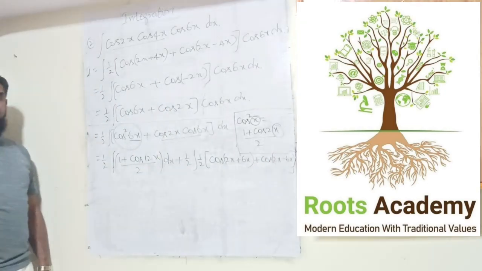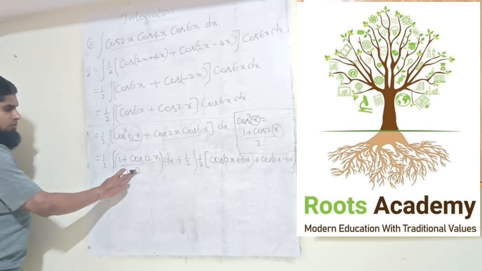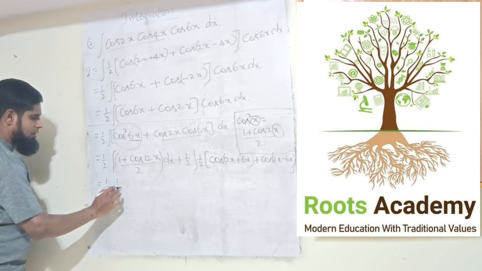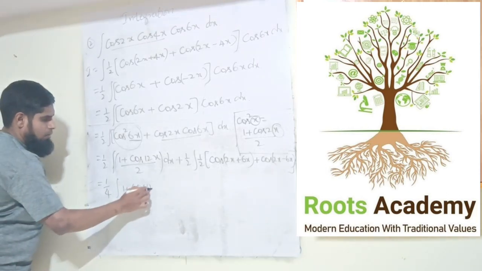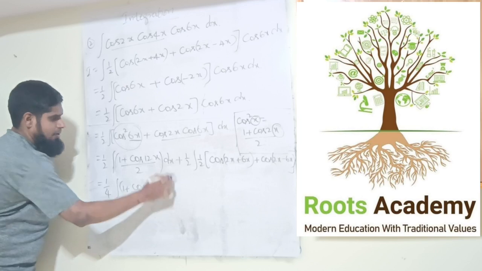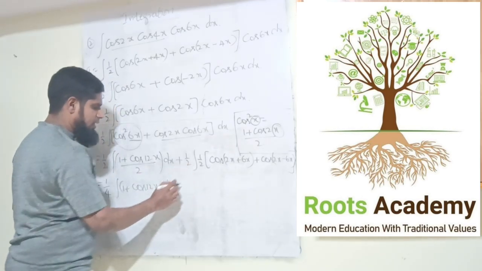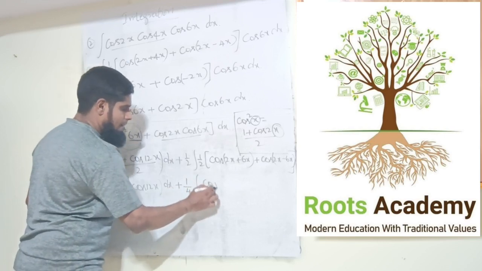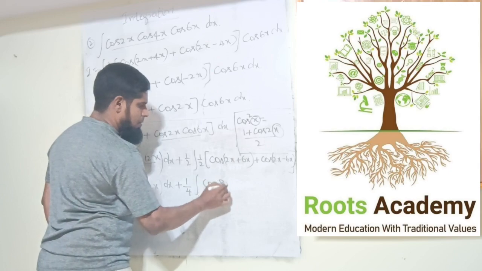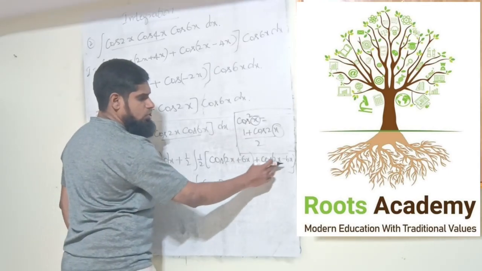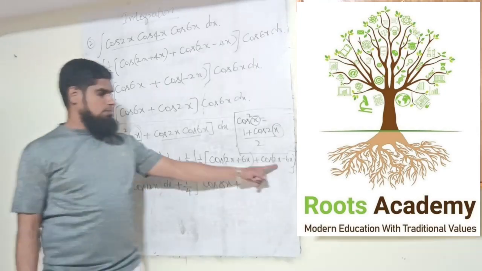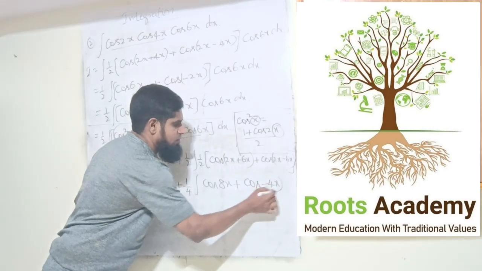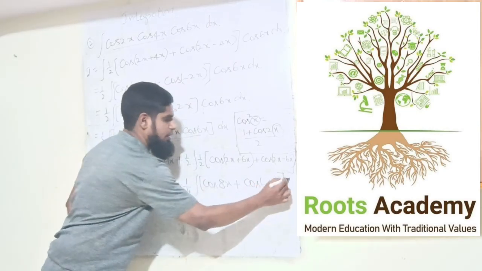Close the bracket. Now 1 by 2 I will take outside the integral. Already 1 by 2 exists here, so it is 1 by 4 integral of 1 plus cos 12x dx here. Again 1 by 2 outside here, so it is 1 by 4 integral of cos 2 plus 6, 8x, plus cos 2x minus 6x. 2x minus 6x is minus 4x. Cos of minus 4x, close the bracket, and into dx.